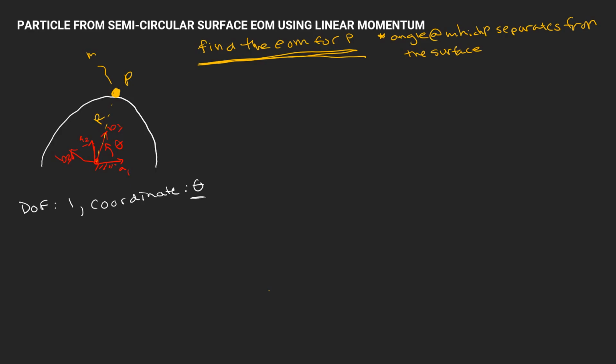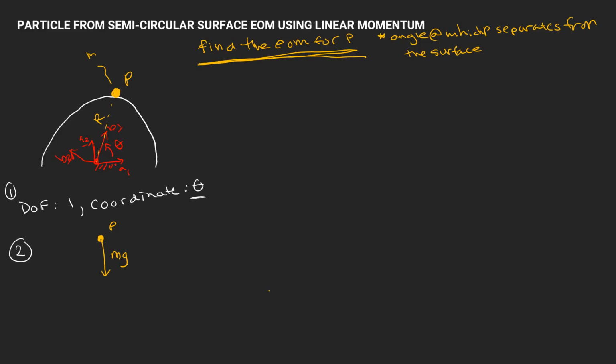And so the next step is to draw a free body diagram for particle P. This is, again, going back to statics. So this was step 1, and this is step 2. Okay, so we have a particle P. That particle has a mass, so we know that there's going to be a force acting on it in this direction equal to mass times gravity.